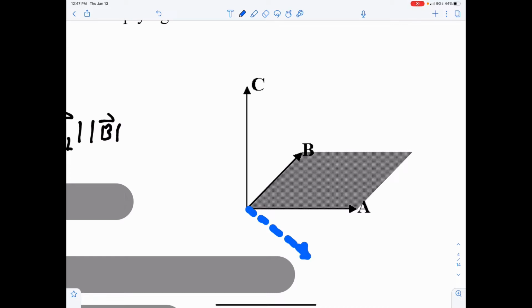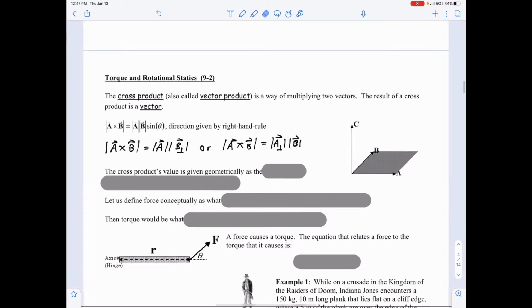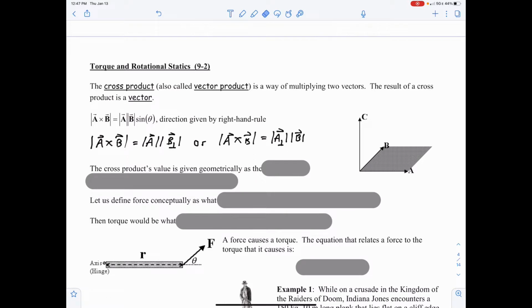Geometrically speaking, the cross product is going to be the area of that trapezoid defined by those two vectors.